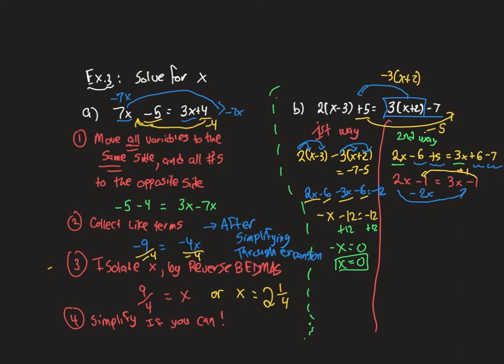Alright, so that's going to give me 3x minus 2x is equal to minus 1 plus 1. That's going to give me 0 here. That's going to give me x, which, as you can see, gives you the same answer. Both ways are fine. It doesn't matter which way you use, just whichever way you are most comfortable with.